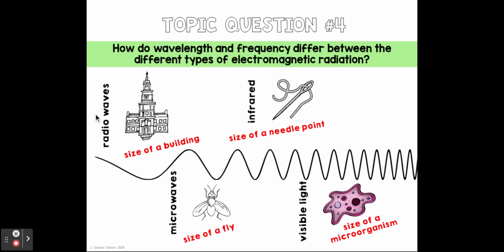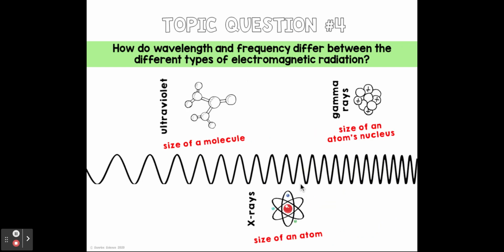Microwaves are like the size of a fly. Can you imagine going from this to this size? Infrared is the size of a needle point. Visible light is the size of a microorganism. Ultraviolet is the size of a molecule, so we wouldn't even be able to see that. X-rays are the size of an atom, and gamma rays are the size of the nucleus of an atom, like down here.